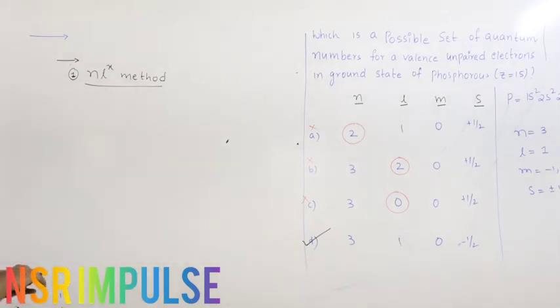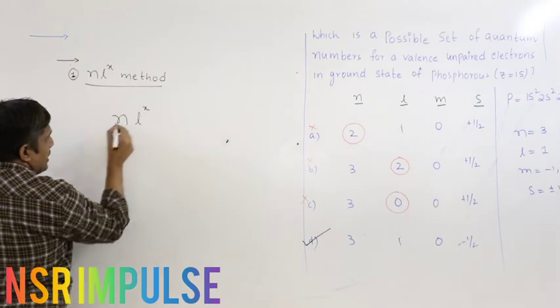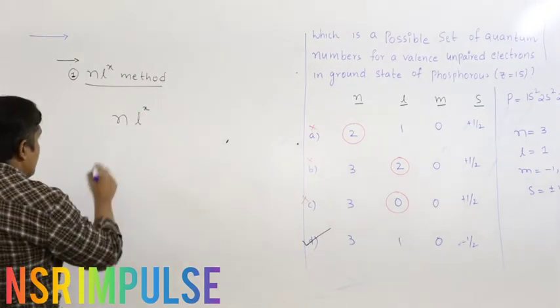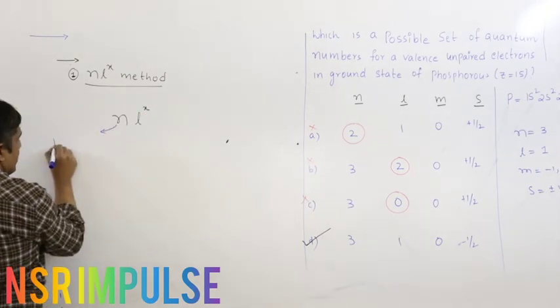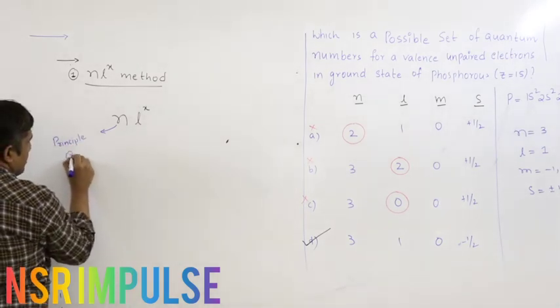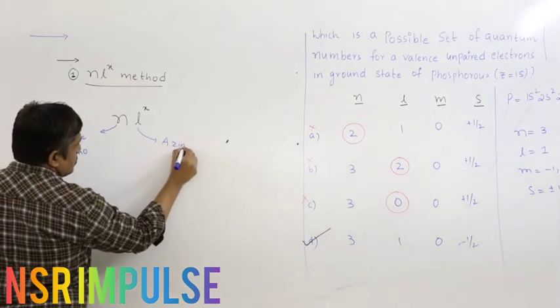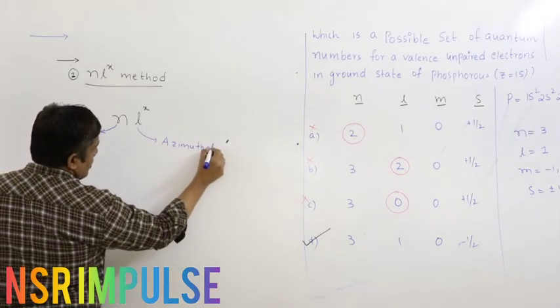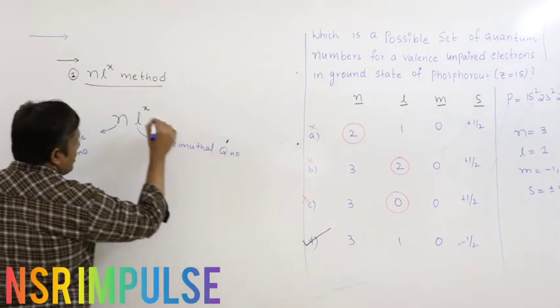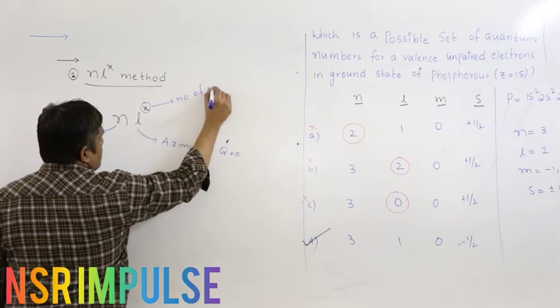In the NLX method, N represents the principal quantum number, L represents the azimuthal quantum number, and X represents the number of electrons.